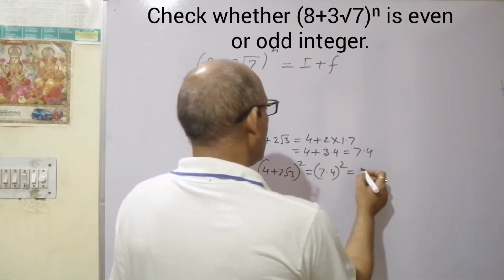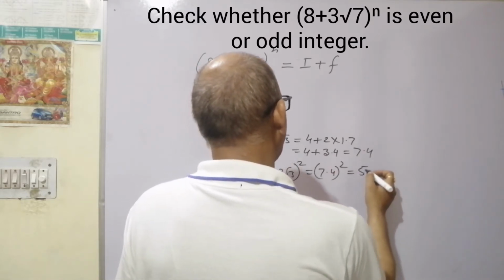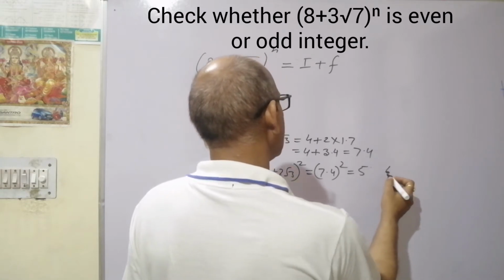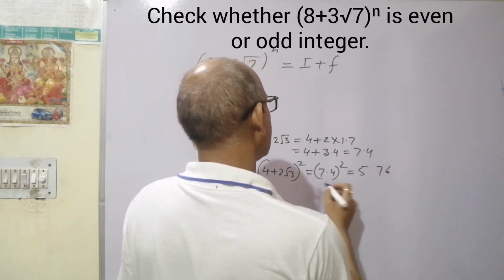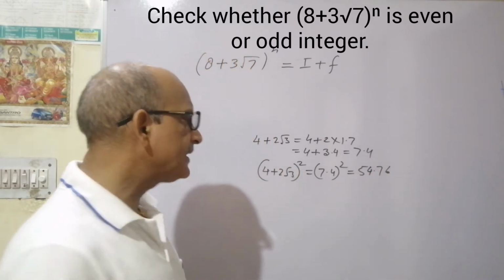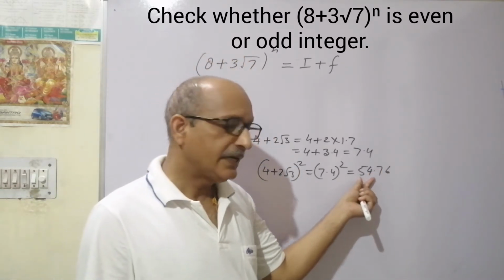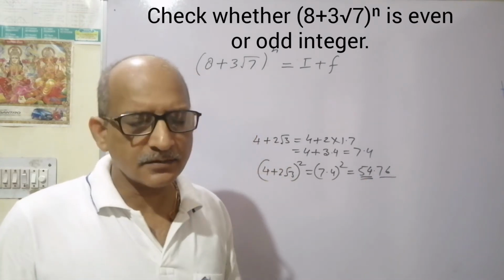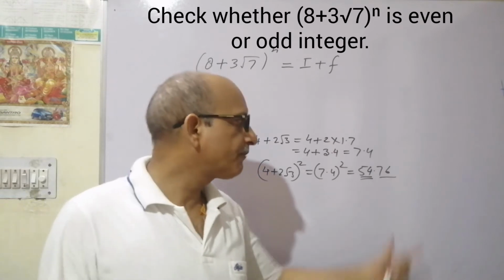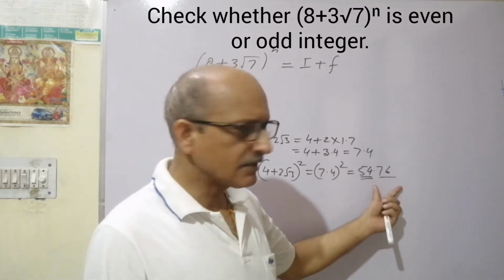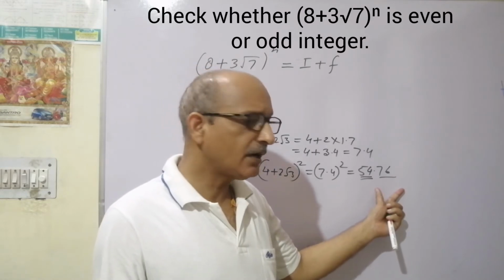That will become 54.76. Again it has one integer part and another fractional part. The integral part is something else, but the fractional part lies between 0 and 1. 0.76 is clearly between 0 and 1.